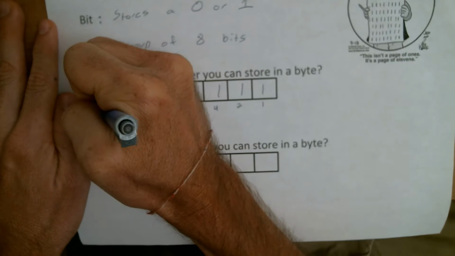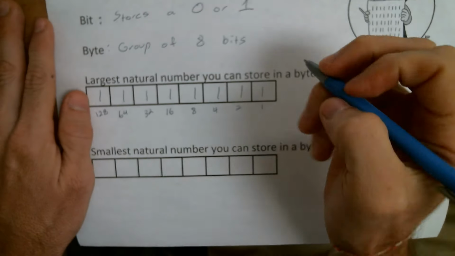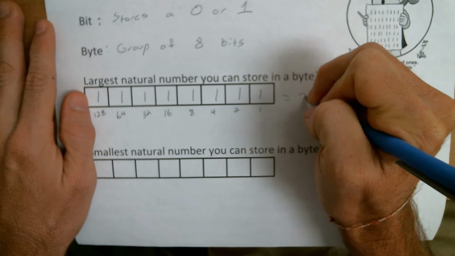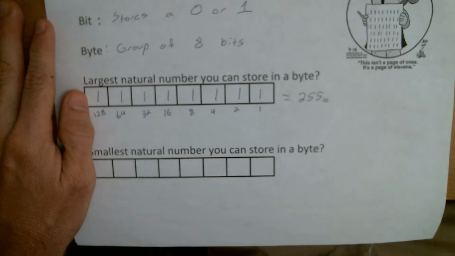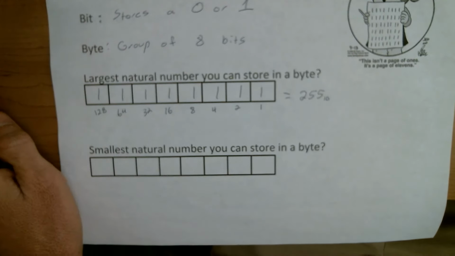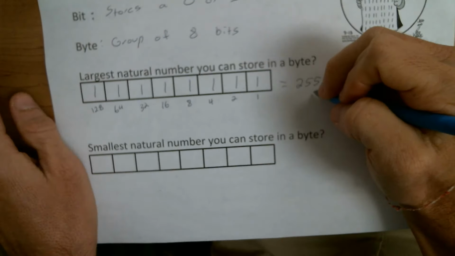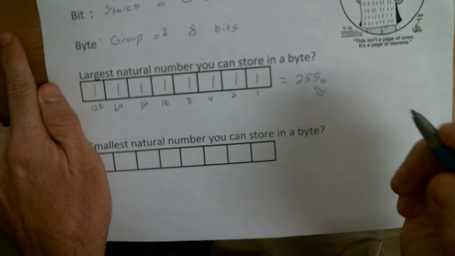Since those are all 1s, we can think of these as all being turned on, which means if we added them all together, we would end up with 255 base 10. So if we have a byte, the largest we can store is 255 base 10.